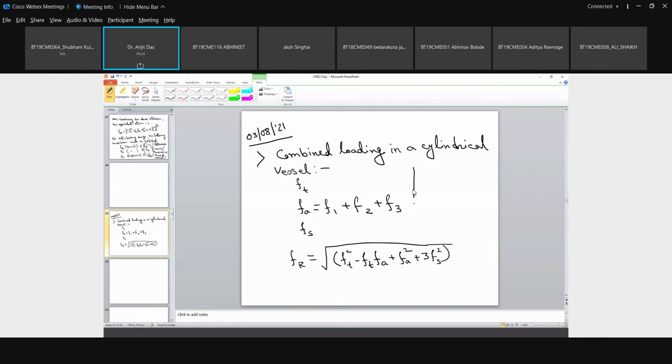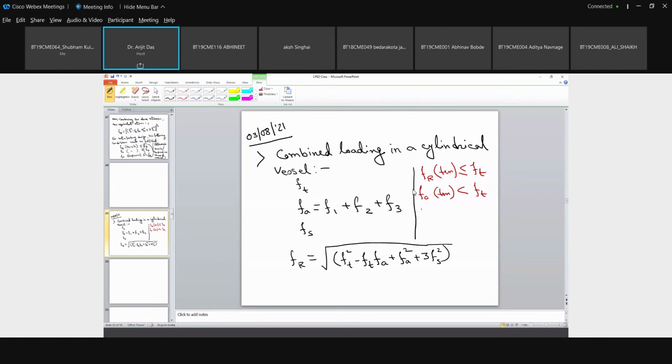If this resultant force Fa is tensile, it should be less than or equal to the tensile stress of the material.